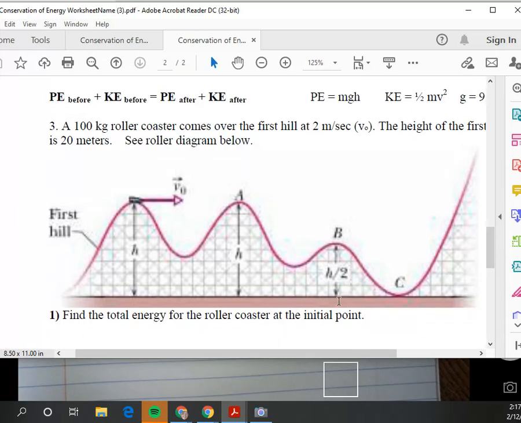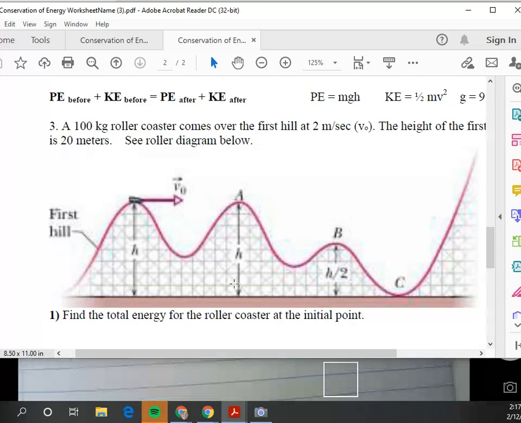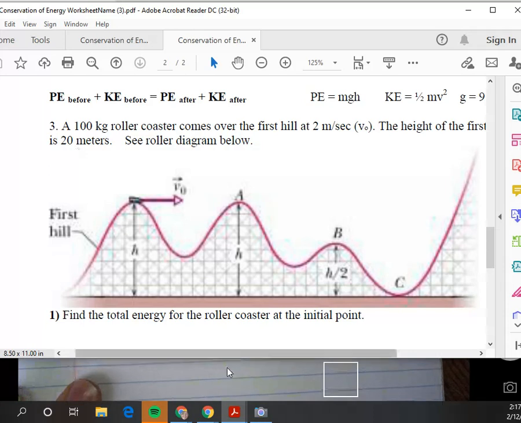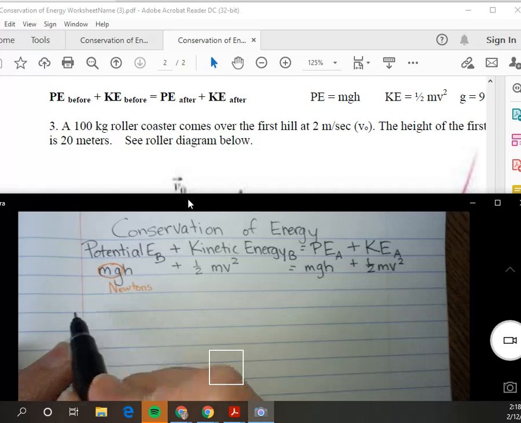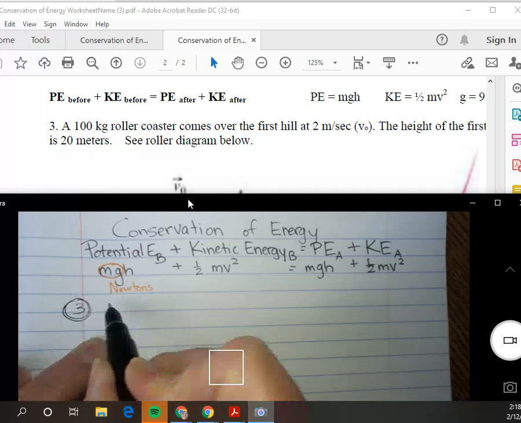Okay. So what we're going to think about is, what does a point mean? The starting point, and just a very tiny spot in time. We are going to assume that at that point, you're sitting still momentarily at the top of the hill. I'll just put total energy.